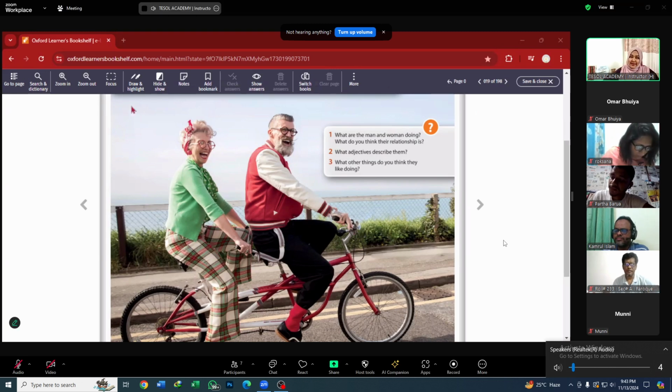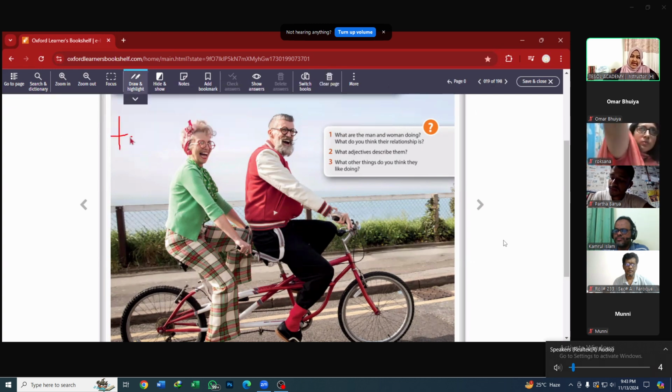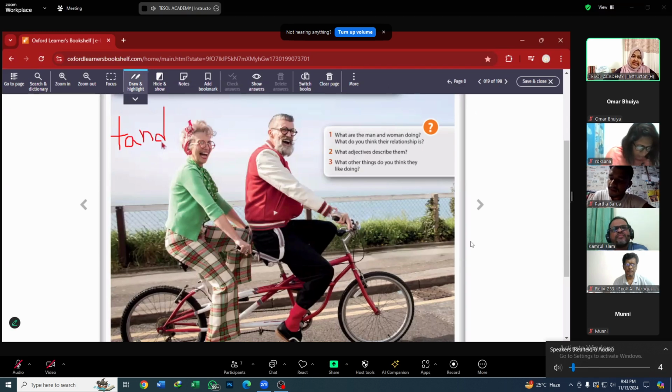So this type of bicycle is called a tandem. Just to increase your vocabulary. Okay, so great.